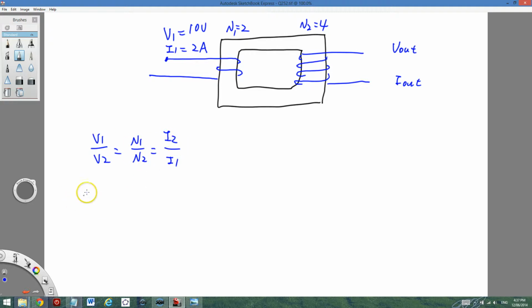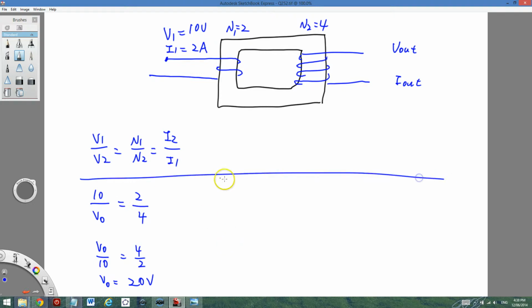So if I want to find V out, V1 is 10 volts, V out is V2, and N1 is 2 and N2 is 4. Do your math. V2 on 10 equals 4 on 2. V out will be 20 volts.